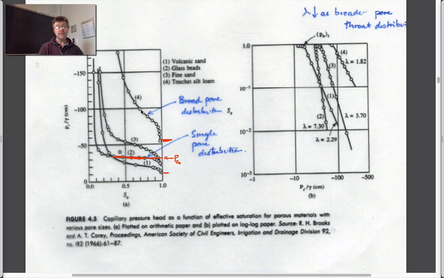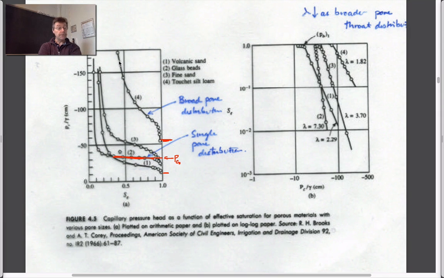Whereas this one is the opposite. Once we've invaded it, we have to really increase the pressure to be able to start invading the rest of it. So we can immediately say something about the characteristics of the material based on what these capillary pressure versus saturation curves are.